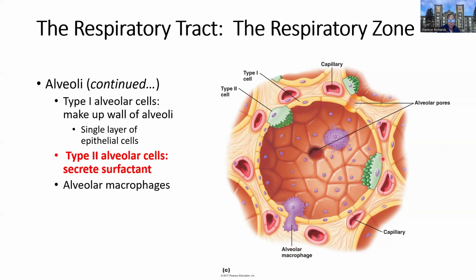And then their role is making surfactant, whereas type 1 cells, their role is simply diffusion, right? Diffusion of gases. And then the other structure here, the macrophages. The alveolar macrophages are found within the alveolus, also found in the interstitium in between, and their role is to trap pathogens.